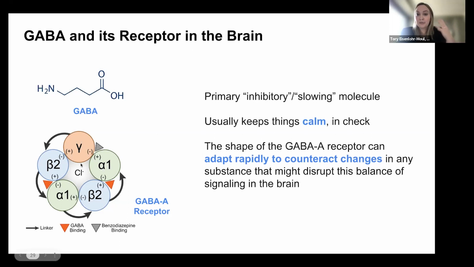And these subunits or puzzle pieces can be rearranged really quickly when there are changes in hormones that can affect the signaling of GABA. So it's really adaptive, and it can sort of shuffle around, and it can turn into a version of itself that is sort of more or less sensitive to GABA based on what's needed, whether there's more or less of these hormones that change the GABA system.